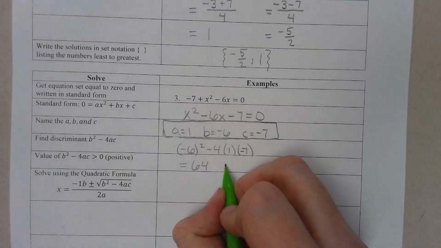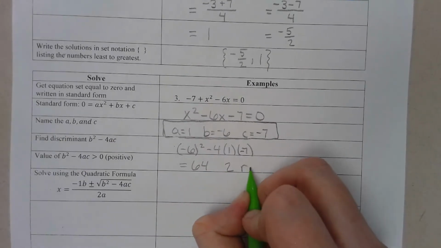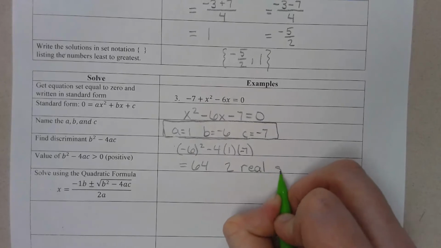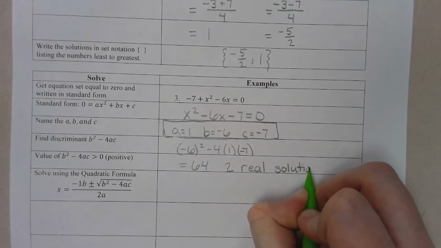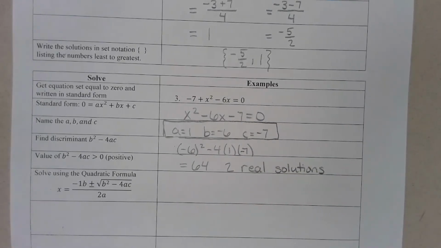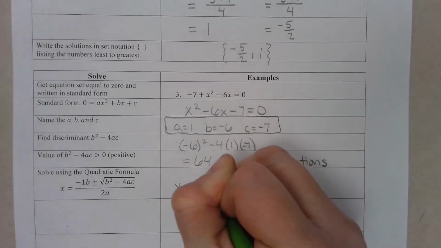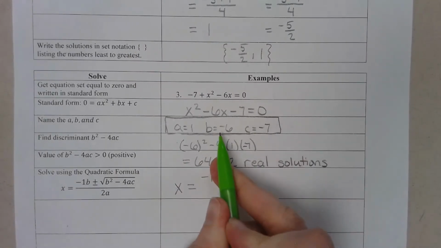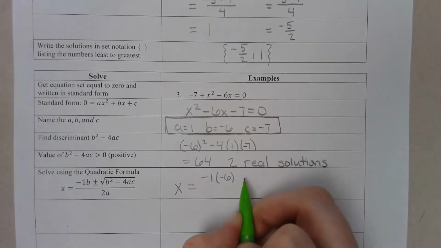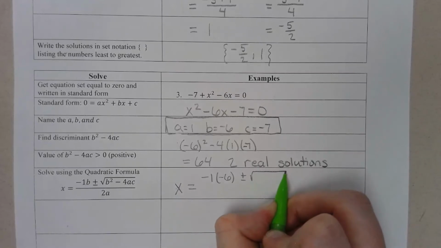And as we've already seen in the last two examples, because that is positive, we will have two real solutions. Let's solve the quadratic equation so that we can see those solutions. So negative b, plugging in that -6, plus or minus the square root.